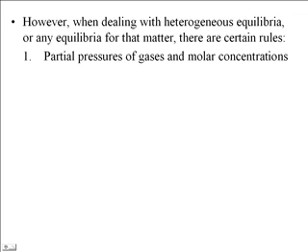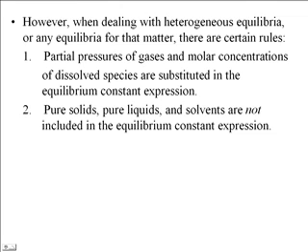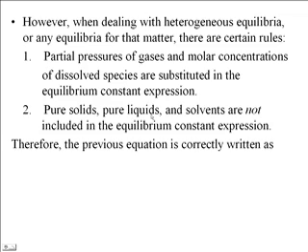Okay, so when you write equilibrium equations, you always use gases, you always use concentrations for things that are dissolved. But number two, highlight or underline or do something with this to make you remember this. If you have a solid or a liquid, you do not include them in the equilibrium constant expression. Well, what do you do with them? You just leave them out.